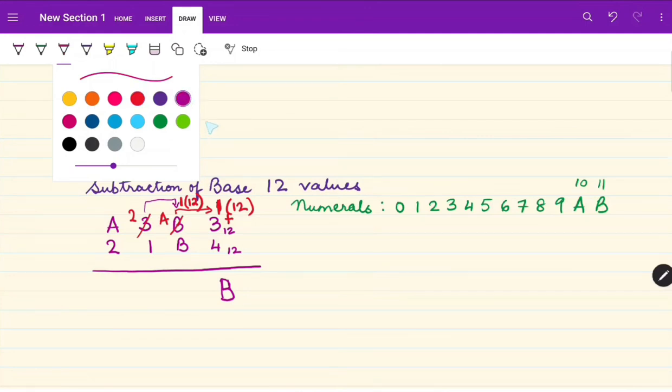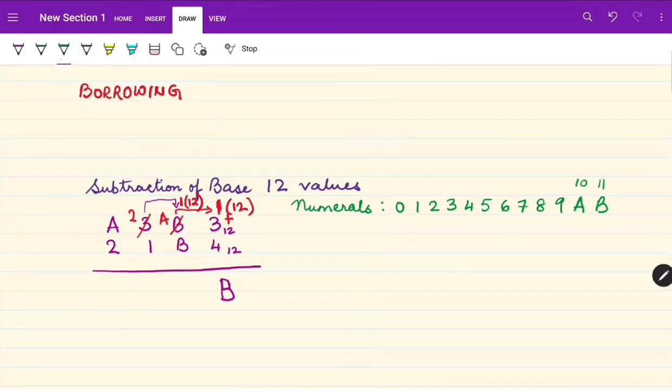So 12 plus A, which is 10. 12 plus 10 is 22. 22 minus 11, B is 11. So 22 minus 11 would be another 11, correct? So it would be 11. So we will represent the 11 with a B. So I'm going to write here B.